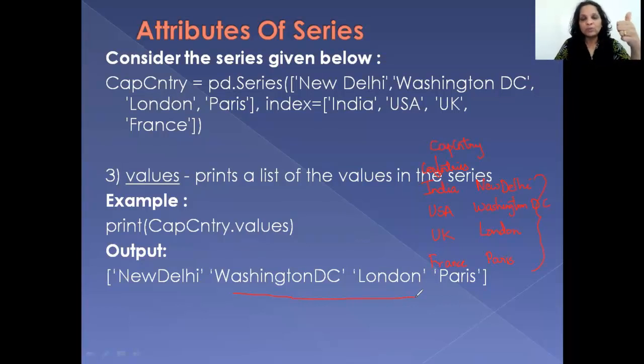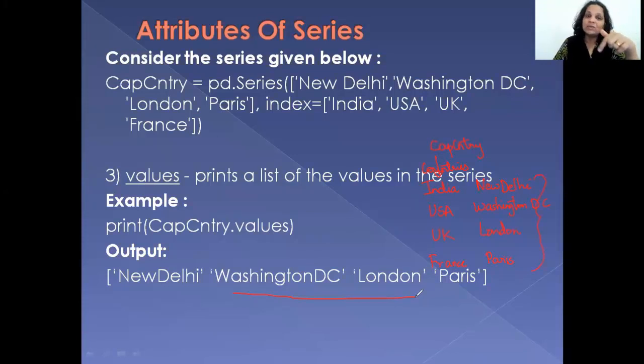Okay, so the first attribute was name. Name gives a name to your data series. The advantage of giving a name is, when you convert this data series into a data frame, the column of values will have a heading depending upon the name given in the data series. Second attribute, we saw index.name.